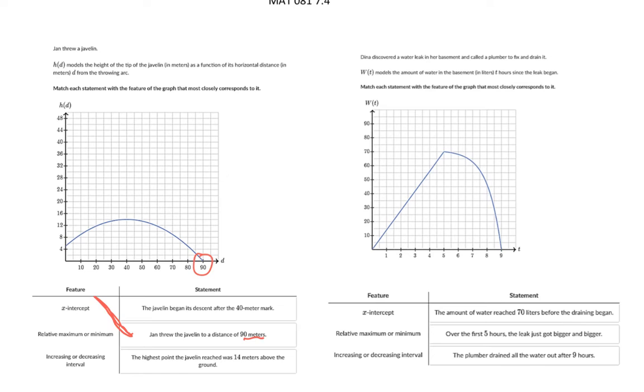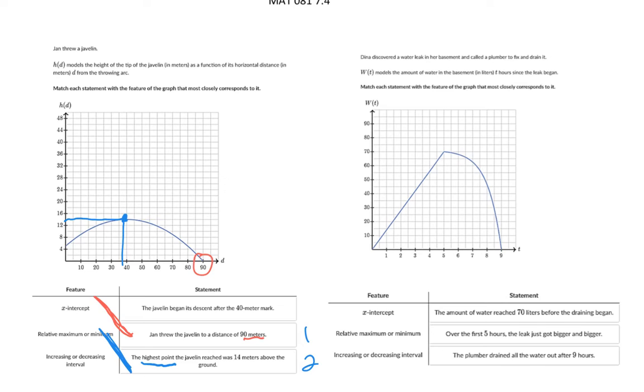I see that it reached its height right here, and it went 14 meters in height, and it was thrown a distance of 40 meters. Well, let's look at the point where it says the highest point the javelin reached. That word highest indicates we're probably talking about the maximum or minimum, so we should match those ones up.